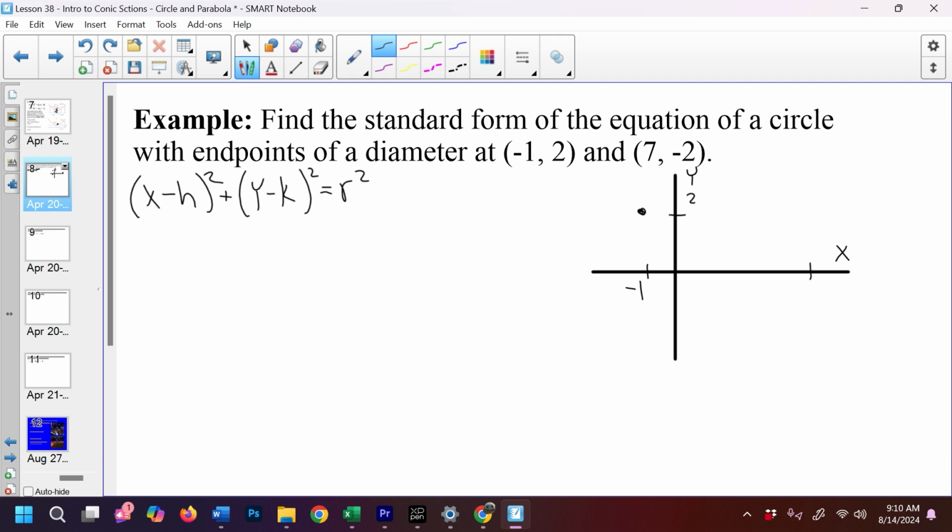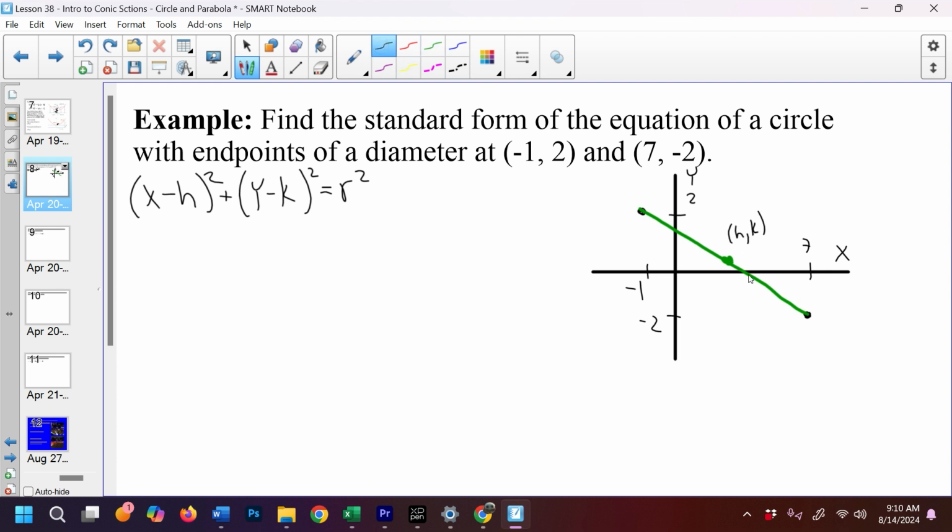And then if I come over here to 7 and I go 2 here, there is another point. And the diameter connects those 2 points. So the center lies on the diameter. So somewhere right there is going to be our h and our k.